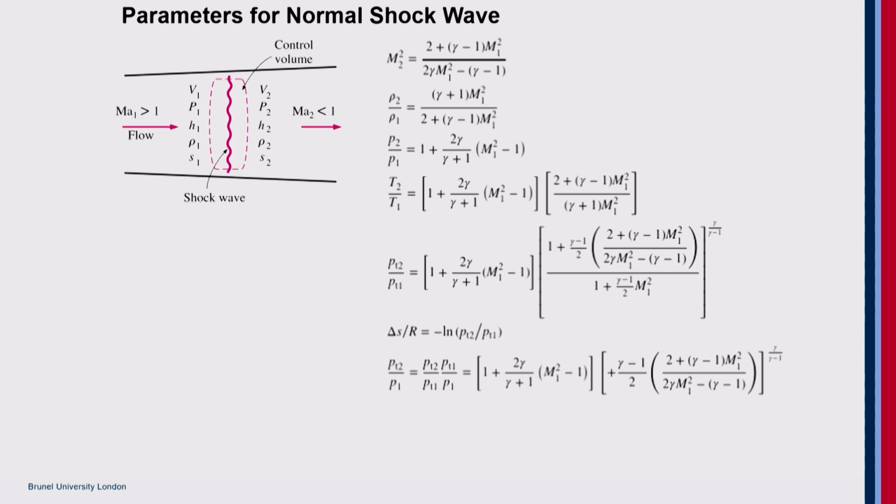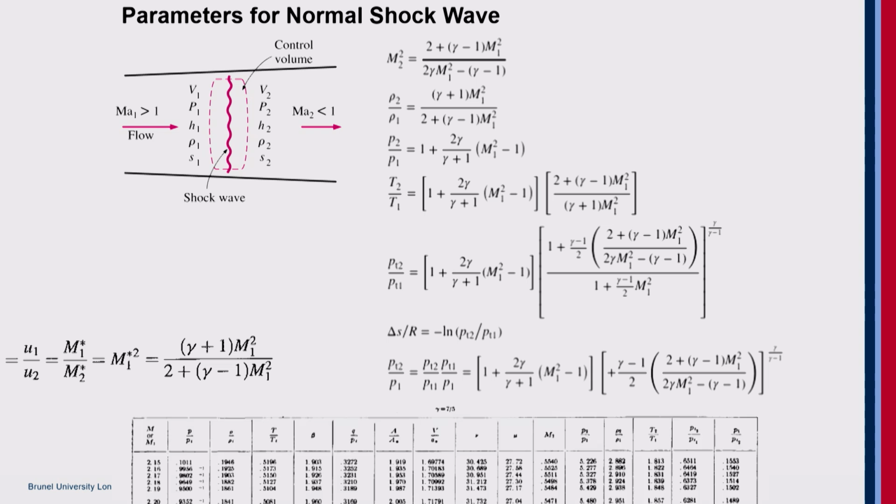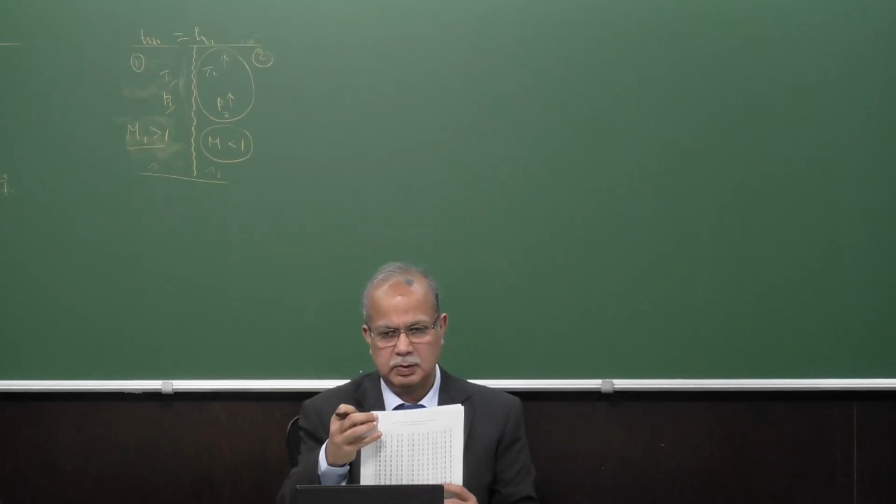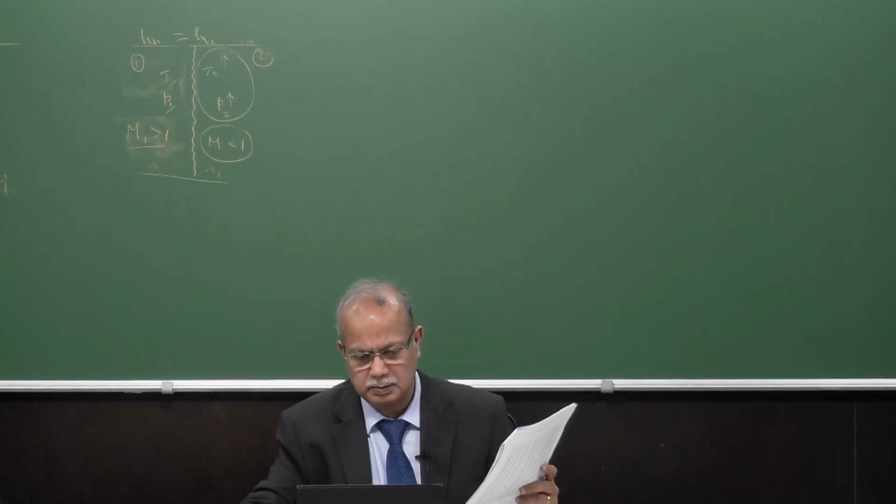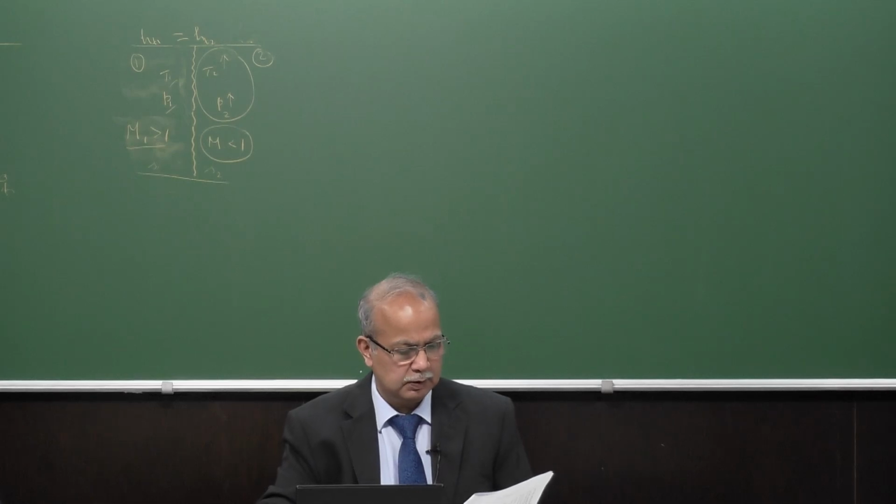In this course, there is no need to memorize or remember any of these equations, because they are all summarized in the table which I have photocopied here. The important thing is to know how to use this table, which is on page 21.